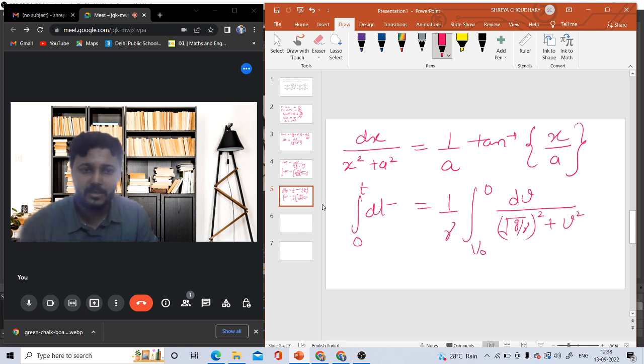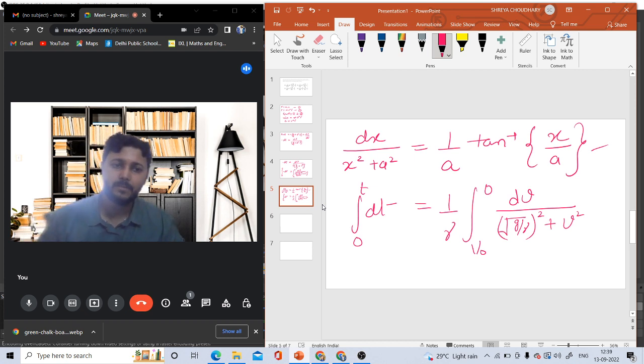As you can see, this equation resembles the previous formula, so we compare a with the constant part, that is under root g upon gamma, and v is the variable.